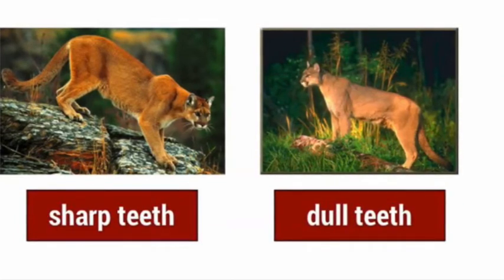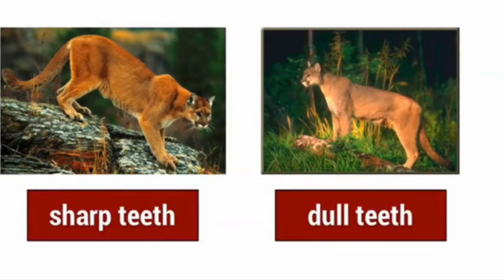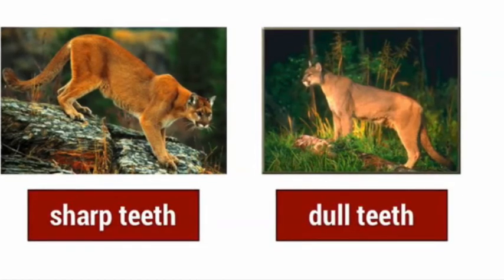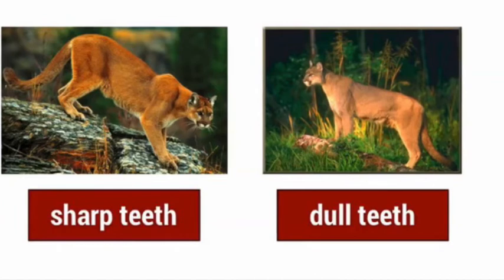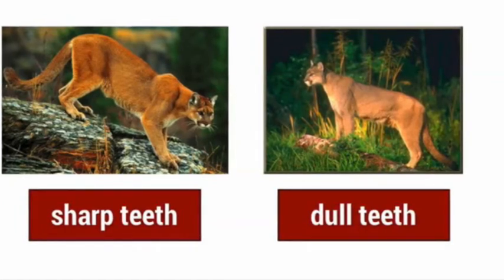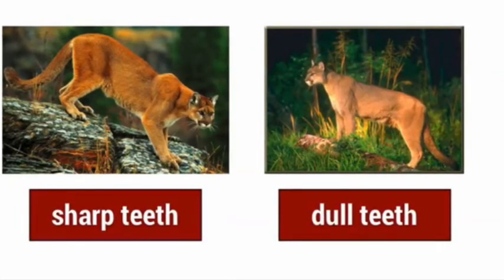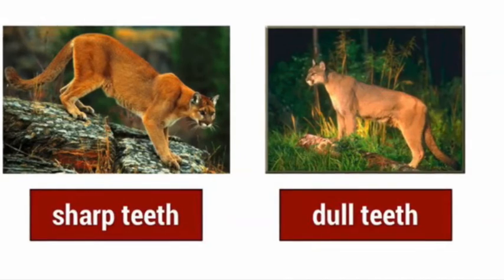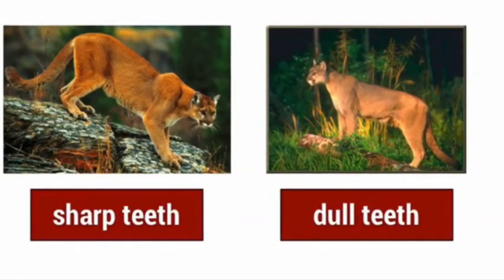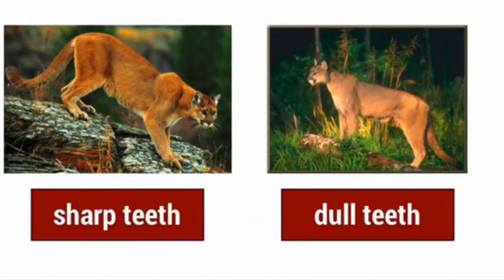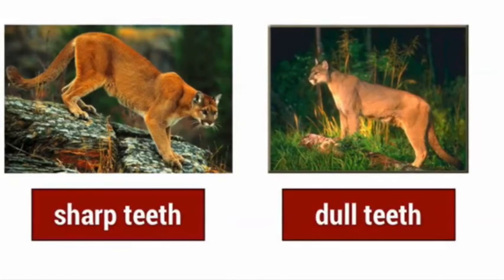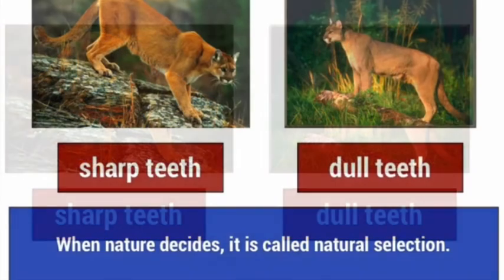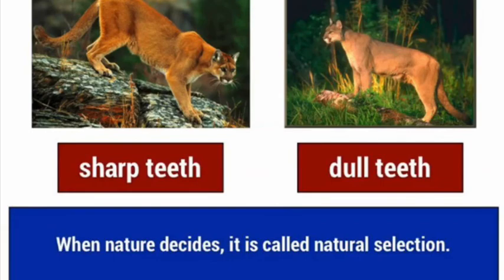The cougar on the left has sharp teeth, and the cougar on the right has dull teeth. So if we were going to allow nature to choose which of the two cougars is going to survive, which one do you think would be allowed to survive? When nature is allowed to select the survival, that's natural selection.